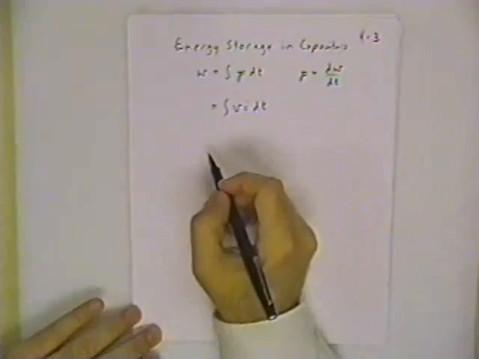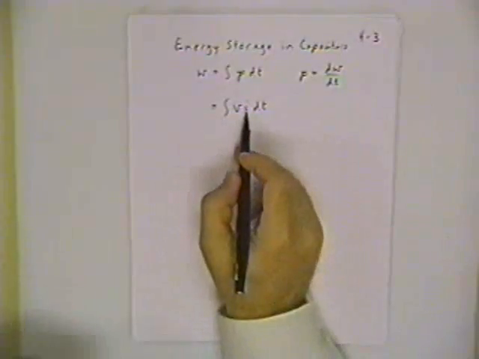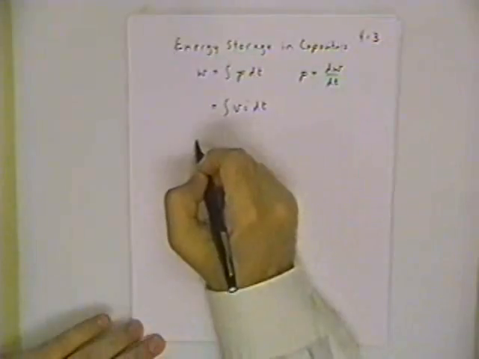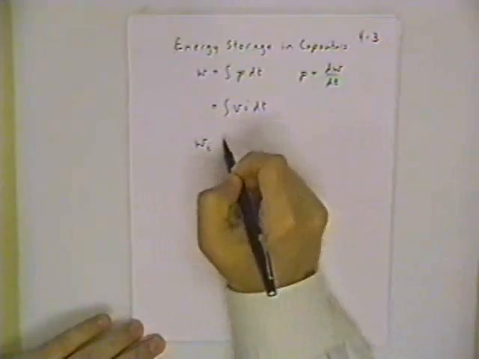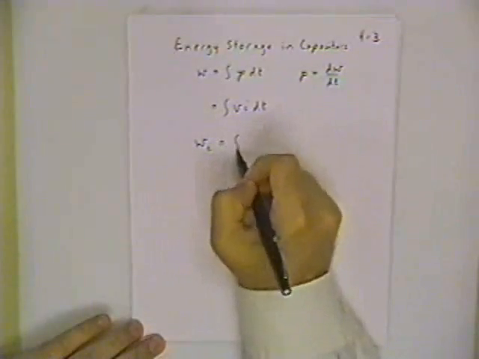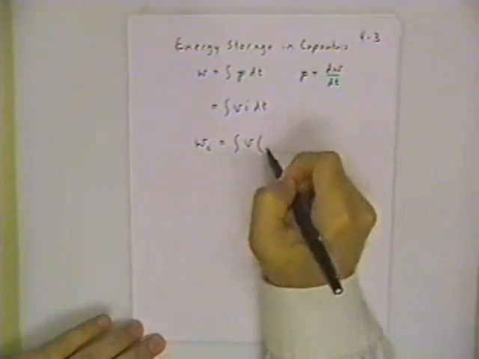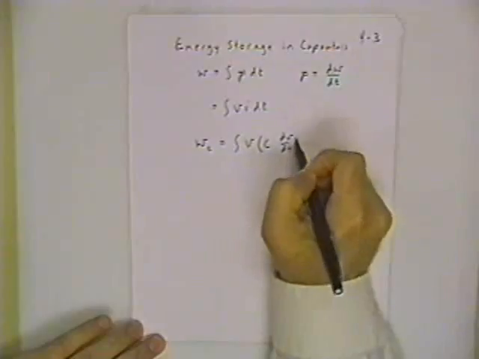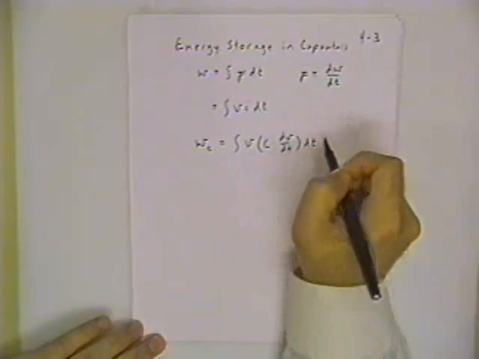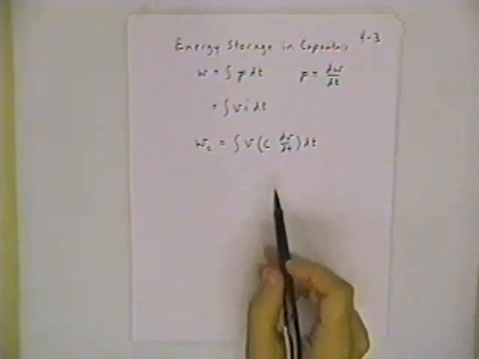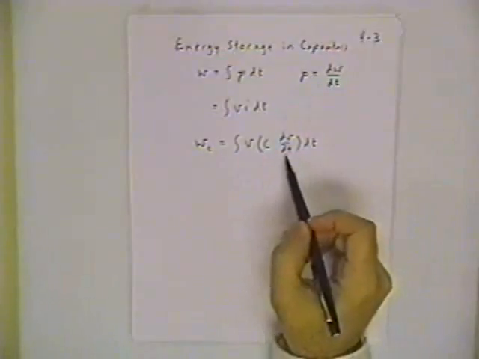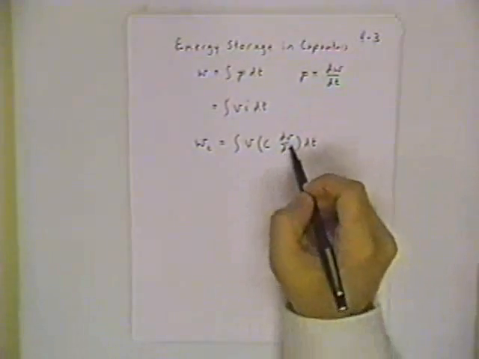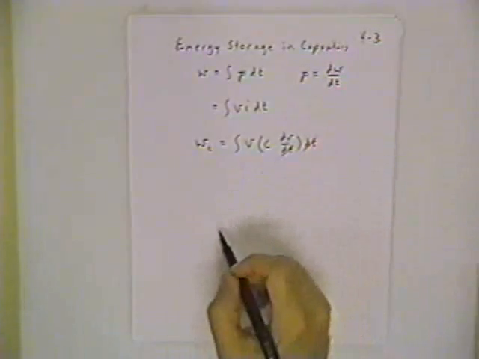Okay, but now for a capacitor, we have a current that's proportional to the rate of change of voltage. That's that math model that we just came up with. So let's make this a specific equation for capacitor energy. Integral of voltage times C dV/dt times dt. If I were a mathematician, I would take out about 45 minutes now to justify this step.